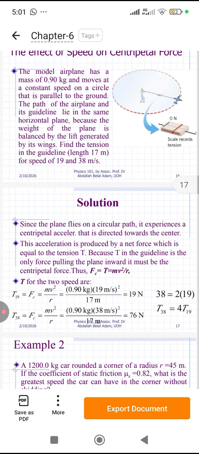Solution. Since the plane flies on a circular path, it experiences a centripetal acceleration directed towards the center.